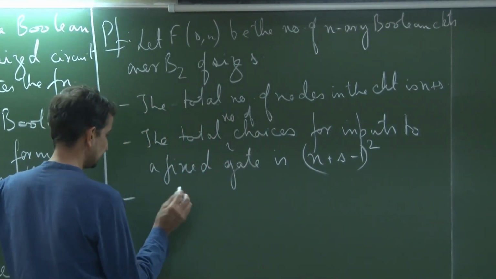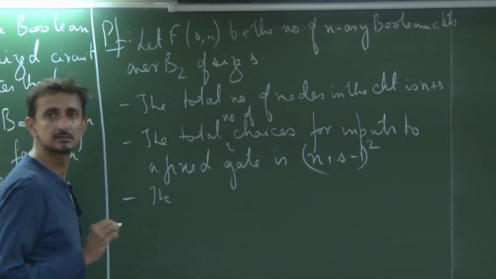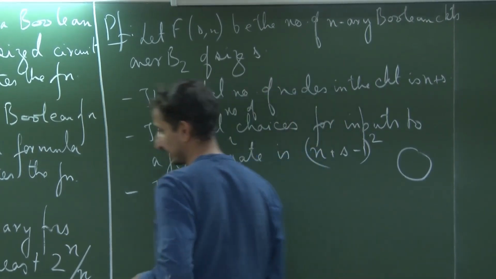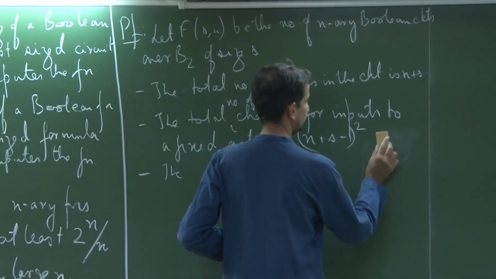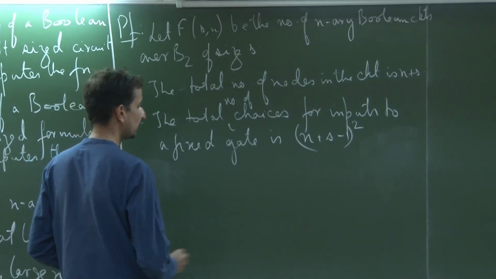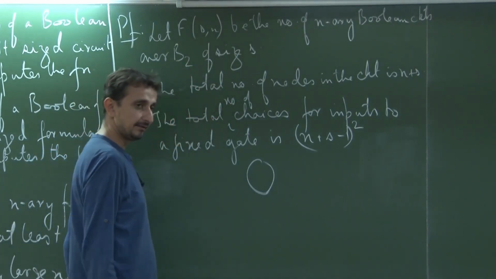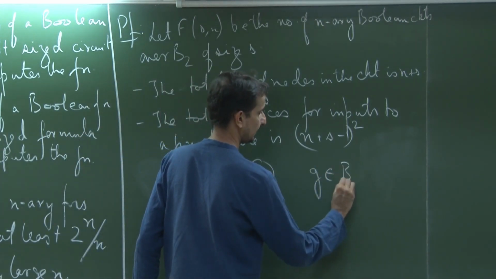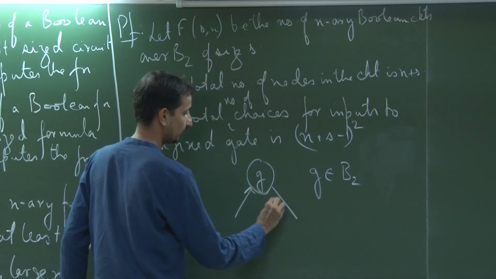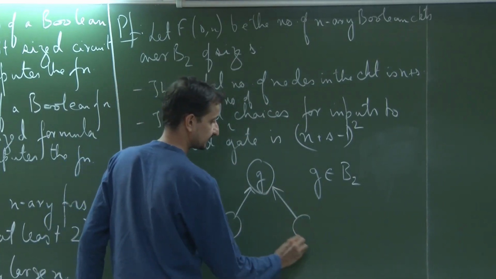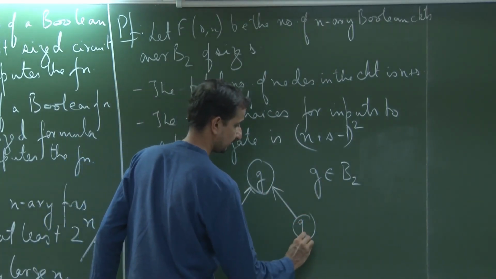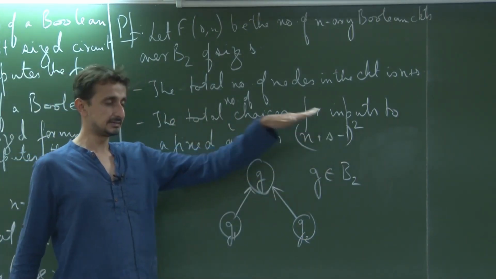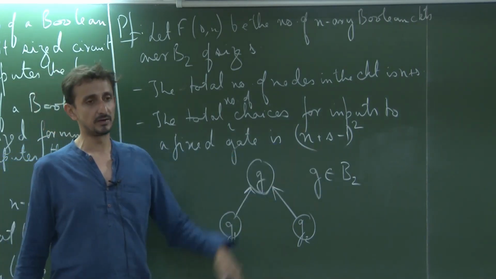Let us look at a pictorial view of this. I have some gate, let us call this G. First of all, G is an element of B2 and G takes input from two other gates, G1 and some G2. For G1 there are this many choices, for G2 there are this many choices. Therefore, the total number of choices for the inputs is this square.